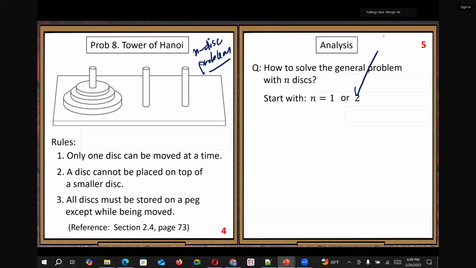Then, if a solution to the problem with smaller size is available, what do you do next? Our goal is to find a solution of the original problem, and we know the solution of a problem just one size smaller is available. So what do you plan to do to get the solution of the original problem?